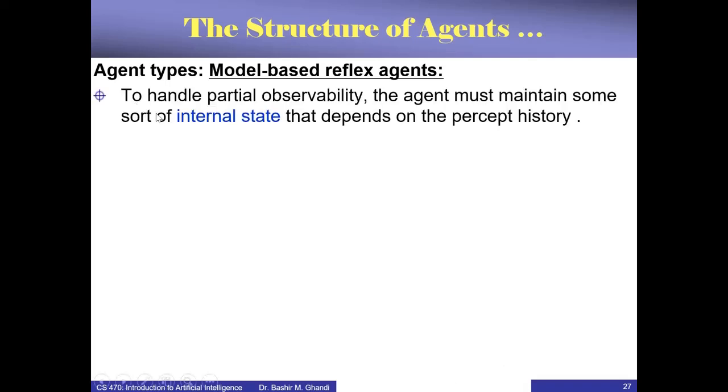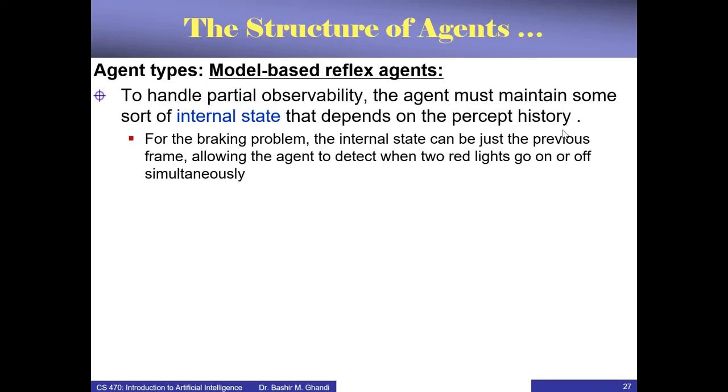It says here, to handle partial observability, the agent must maintain some sort of internal state that depends on the percept history. So it doesn't just rely on the current percept, and it doesn't keep all the percept history as we mentioned before, but it keeps some kind of internal state which depends on the history.